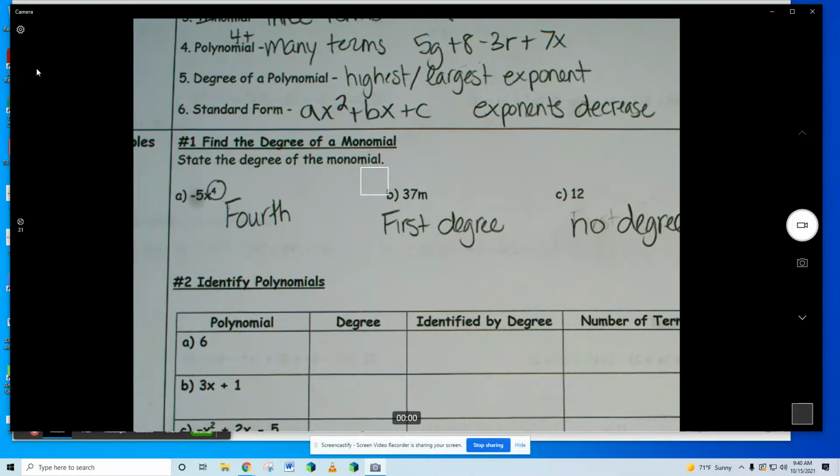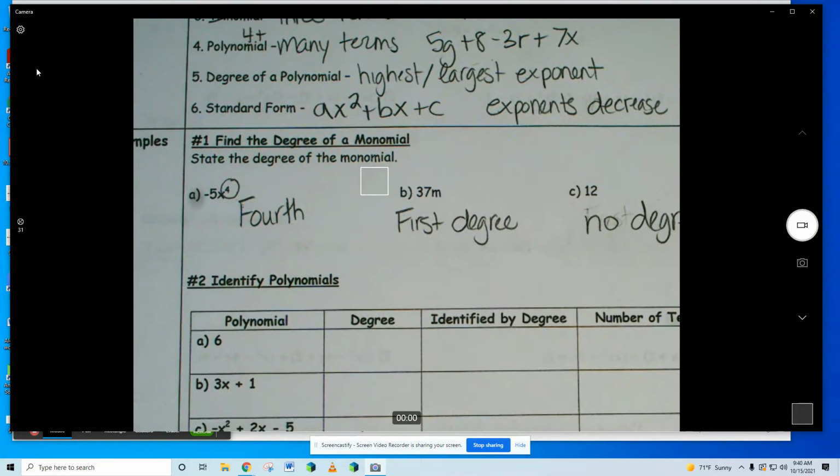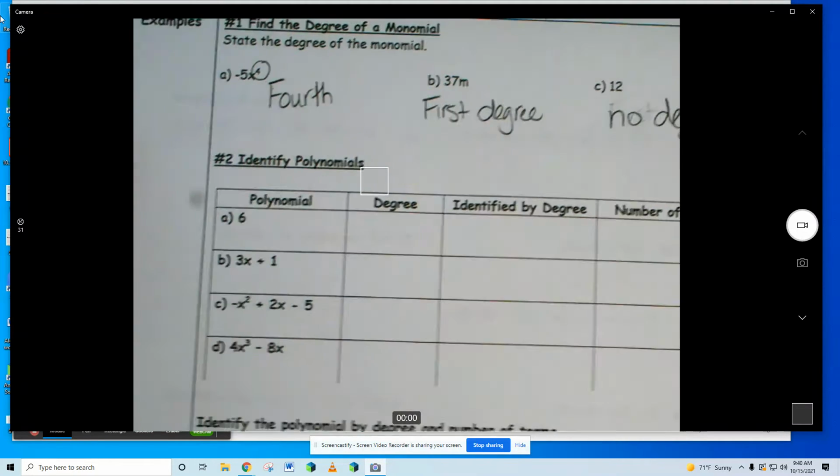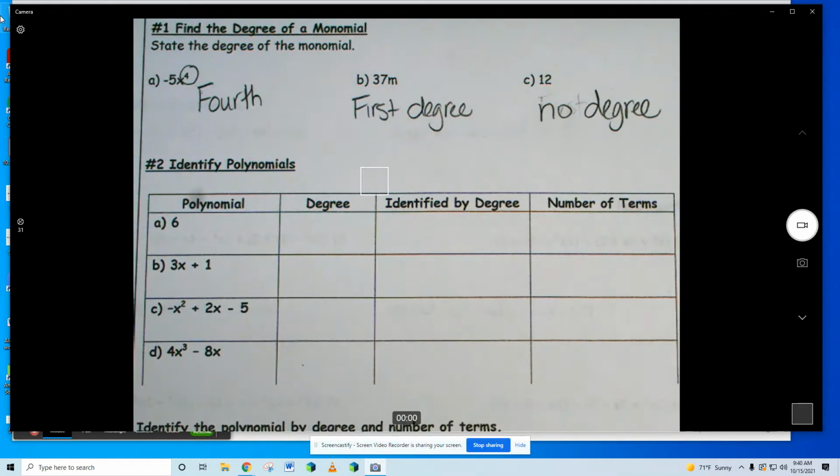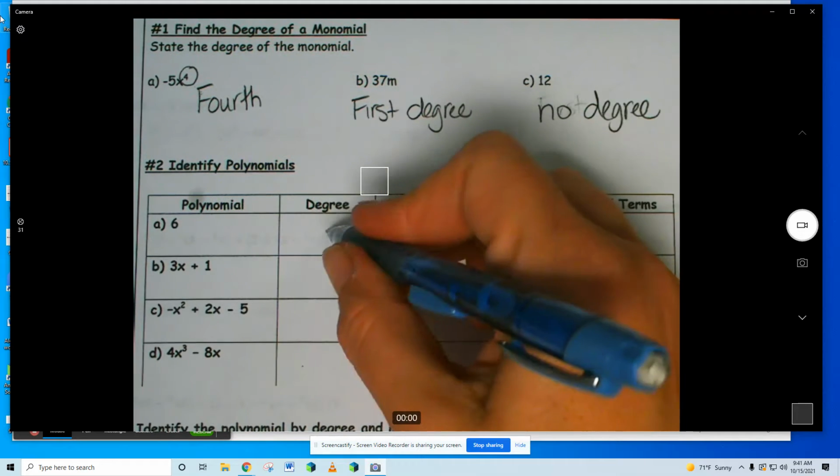So now I'm going to fill in this chart. There, now you can see the whole chart. All right, so here's what I got. A polynomial of just 6 is going to be a 0 degree.